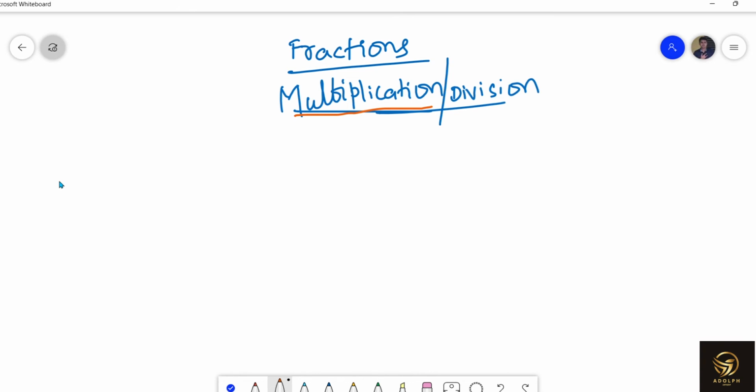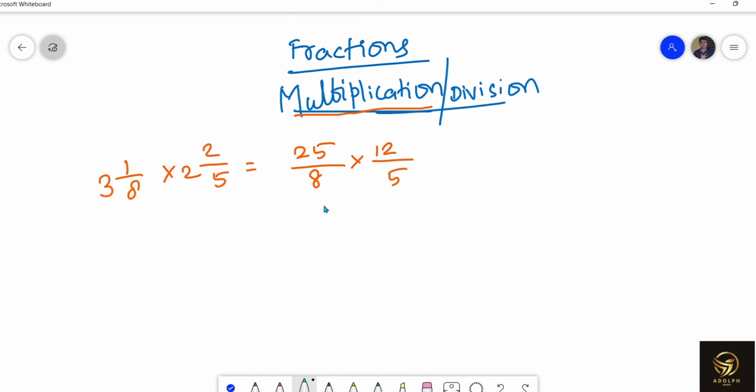Let's go with one example. If we have 3 1/8 into 2 2/5, as usual this mixed fraction is very difficult to handle with operations, so better we convert them into improper. So we are getting 25 by 8 multiplied by 12 divided by 5 as the improper fractions.